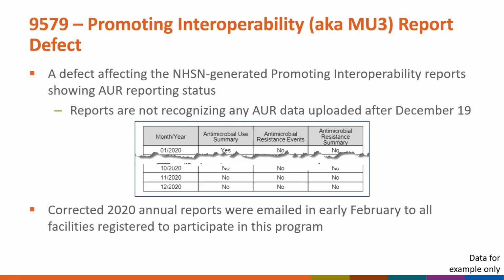As shown in this example screenshot, the report was displaying "no" in those columns despite those data being successfully imported. We emailed the facilities the corrected 2020 annual reports in early February, but are still planning to resolve this defect so that the historical 2020 reports generated in the application will be correct. No action is required on your part.